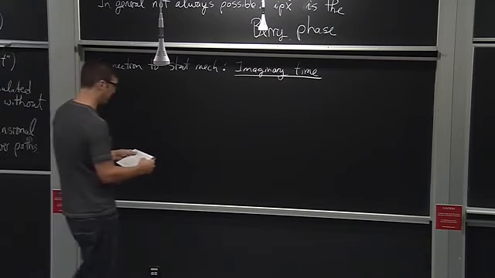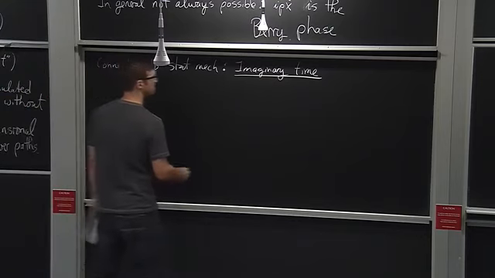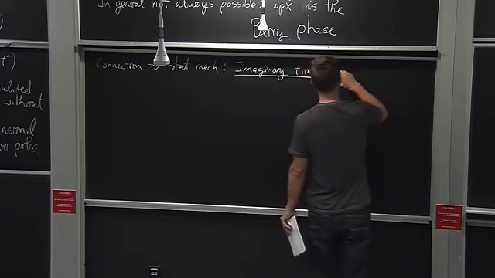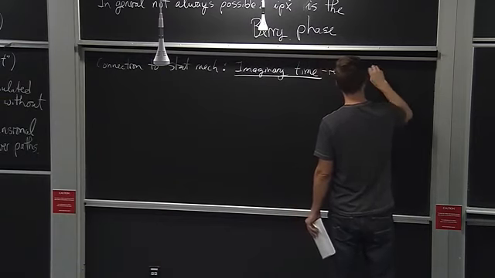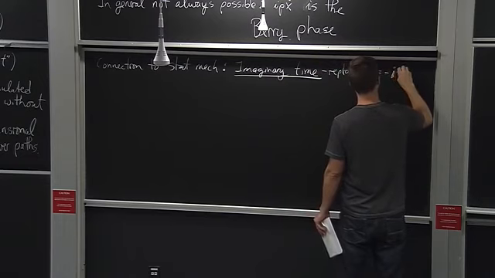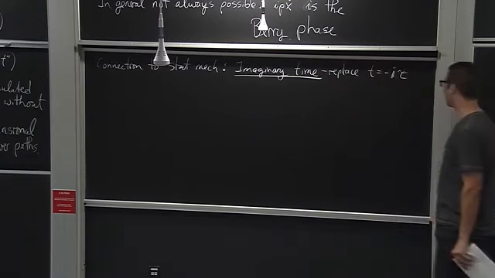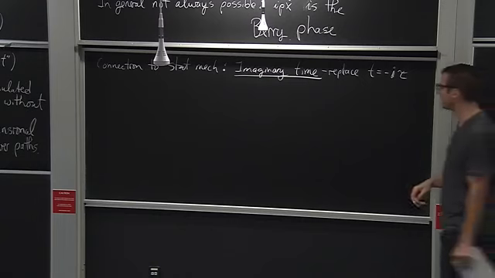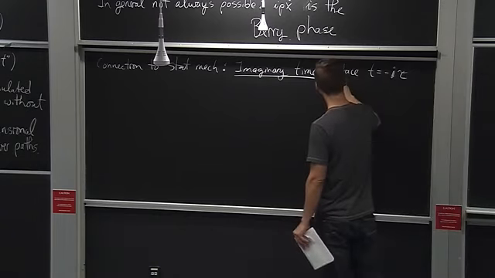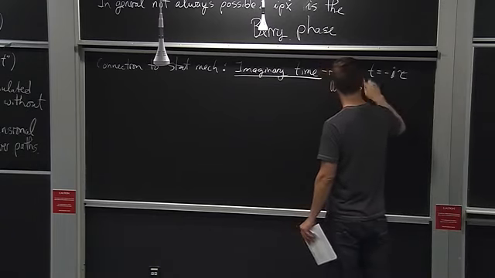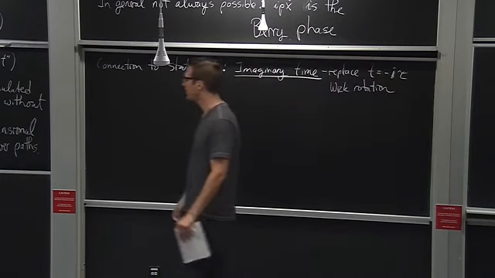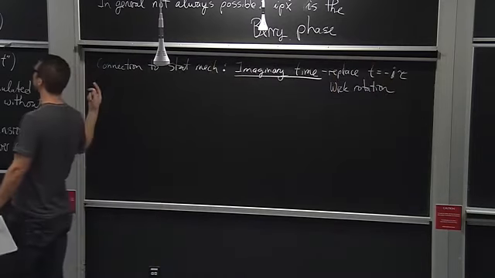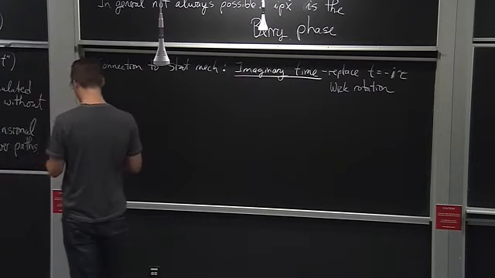So imaginary time comes from replacing time with I times something called tau. This is your Wick rotation. And simply substituting that into the path integral.